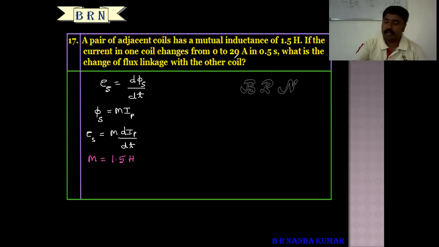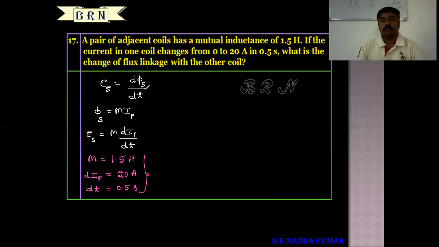So the change in current, dip, is 20 minus 0, 20 ampere, and the change in time, dt, is also given, that is 0.5 seconds. You should be clear about what is given. Using this, we need to find the EMF induced in the secondary coil. After that, we can calculate the magnetic flux linkage with the secondary coil.